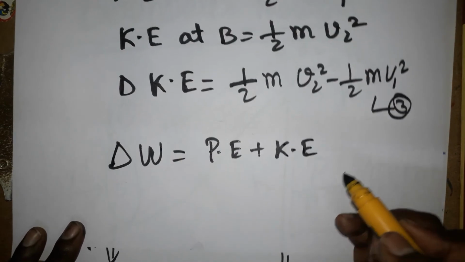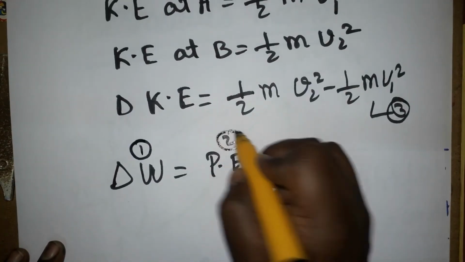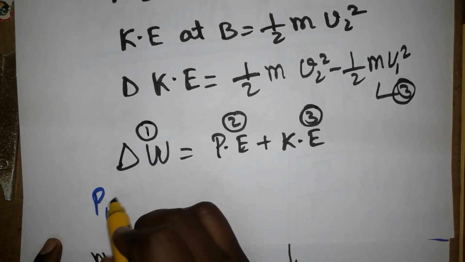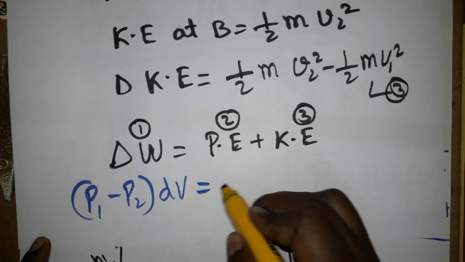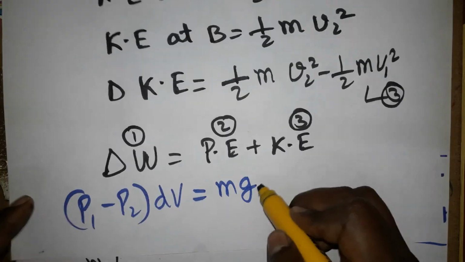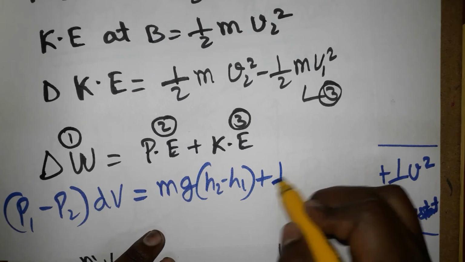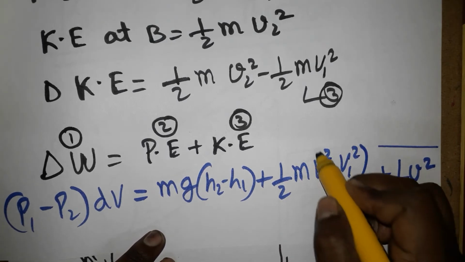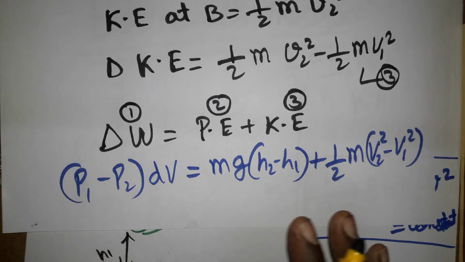Substituting all three equations, we get (P1 minus P2) dV is equal to m g (h2 minus h1) plus half m (v2 square minus v1 square).